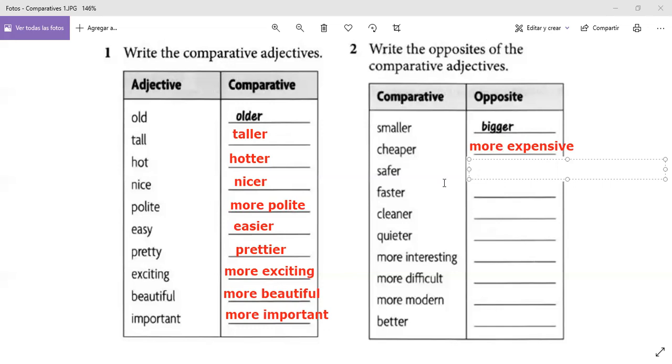More insecure. Okay, you can say insecure or more insecure, but we have another adjective to say that.